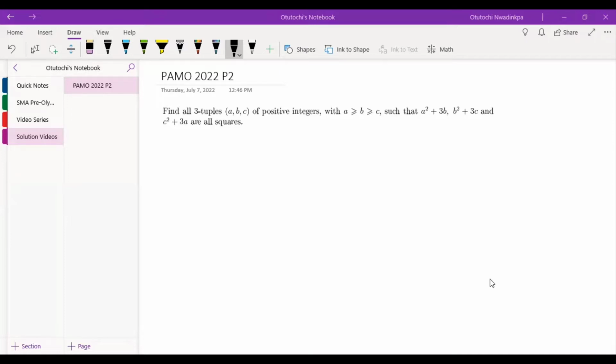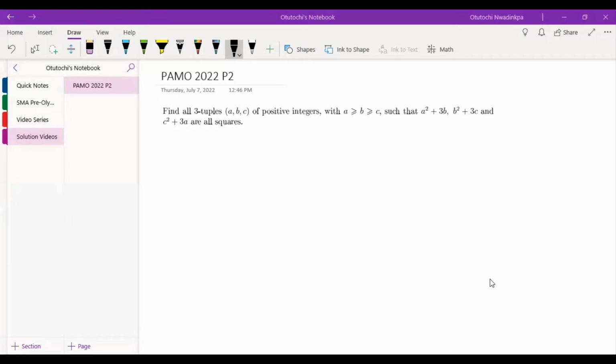So here we are told to find all A, B, C, A greater than B greater than or equal to C, such that A squared plus 3B, B squared plus 3C, and C squared plus 3A are all squares.